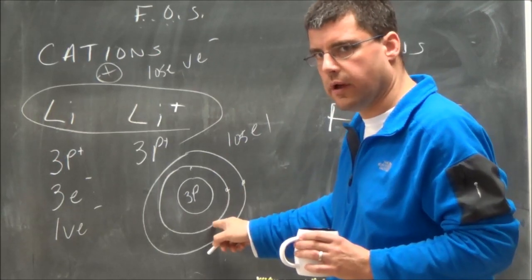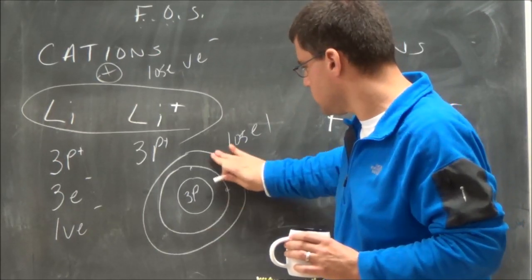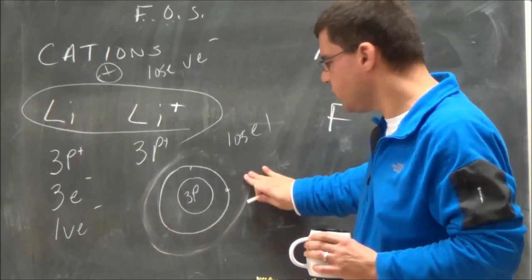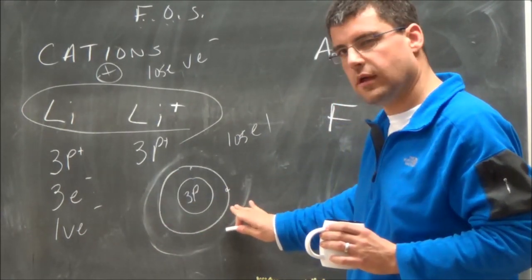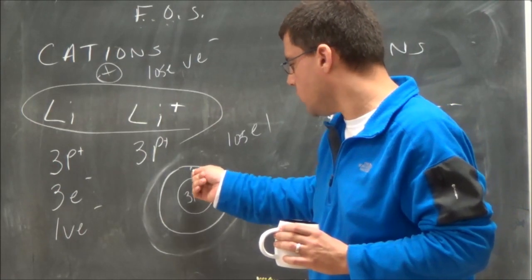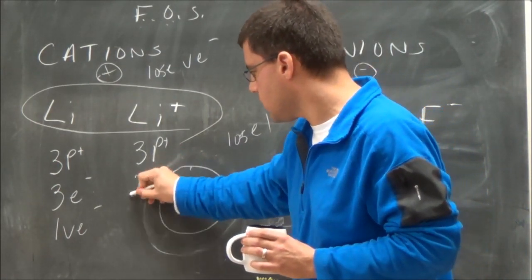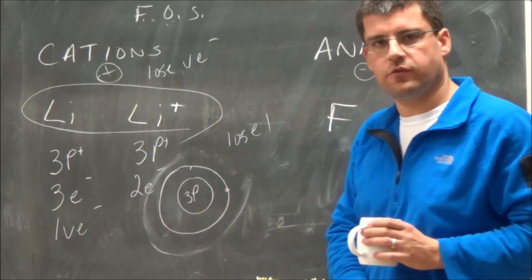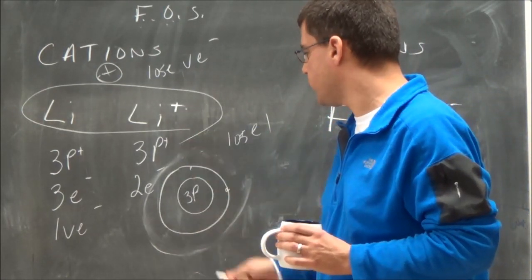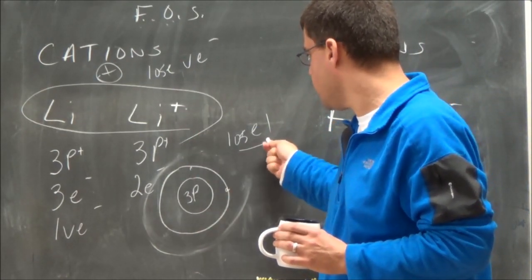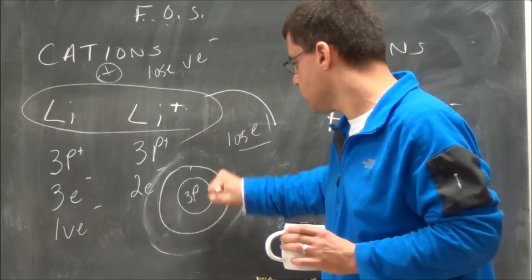And when it loses 1, what just happened? We just lost a whole ring. Whoa! That's going to be interesting. Now we've got 2 electrons total, because now we've got a full outer shell, and hence the positive 1 charge, because we got rid of a valence electron.